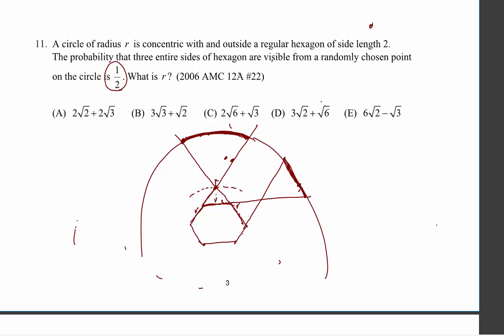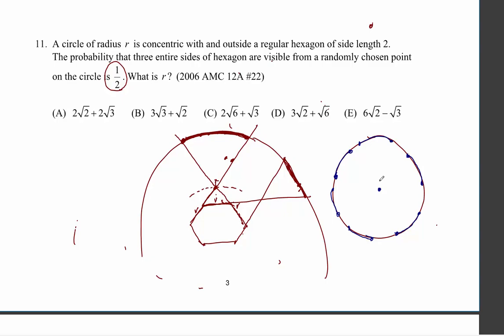So probability is 1/2. All 6 sides, we choose the length. 1 side, 2 side, 3 side, 4 side, 5 side, and 6 side. So this is your center, right?